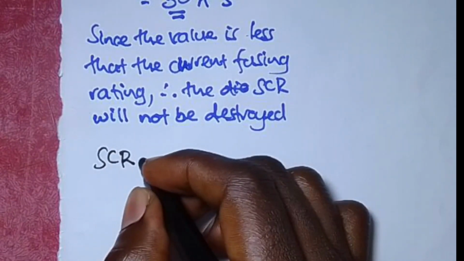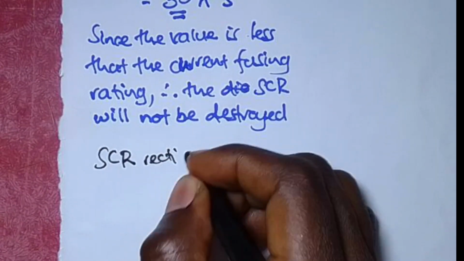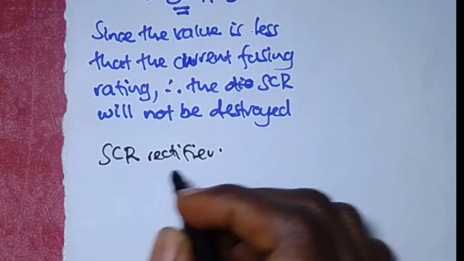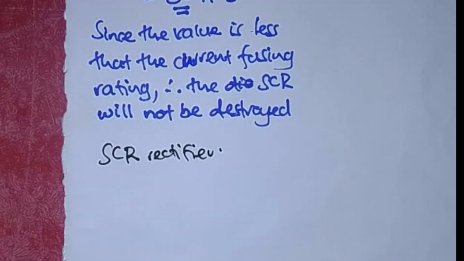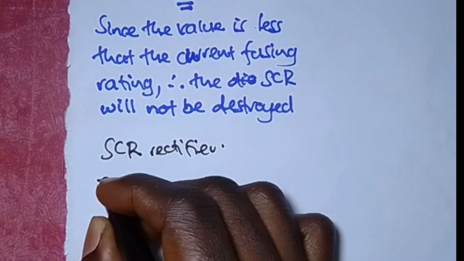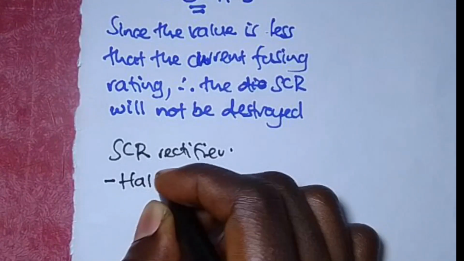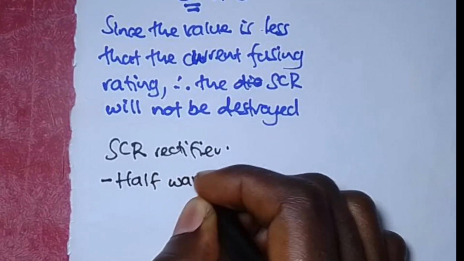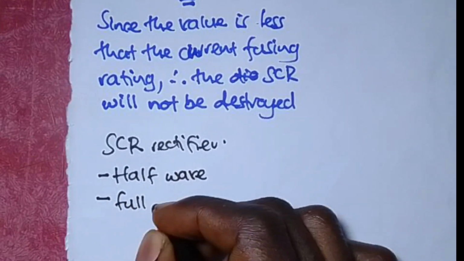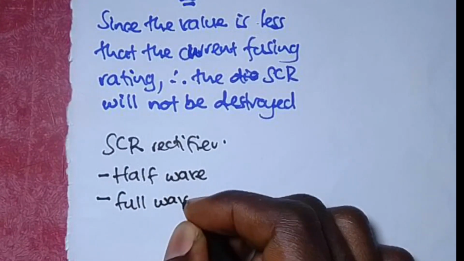And we say that this SCR can be used for rectification, and it can be used in two modes. The first mode being the half-wave rectifier, and the second mode being the full wave rectifier.